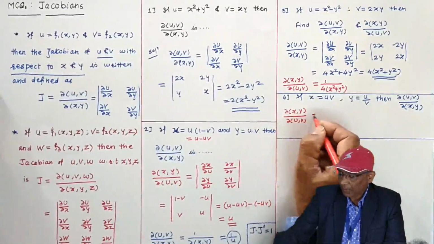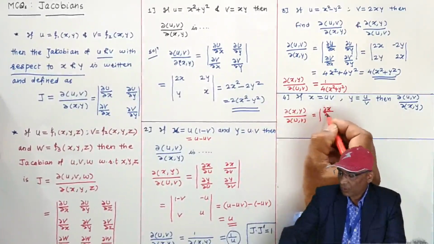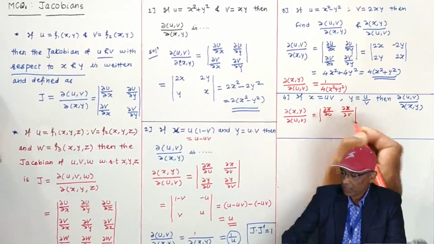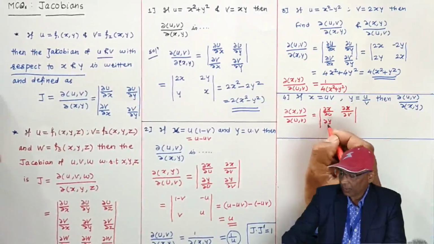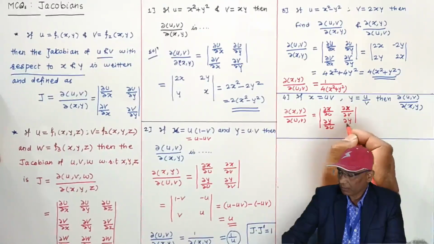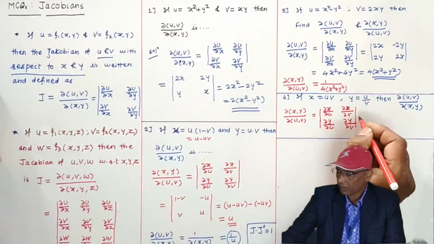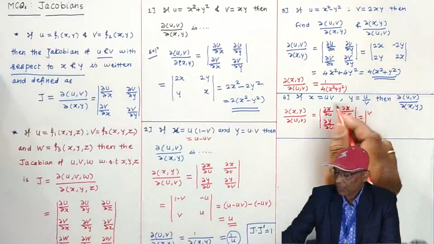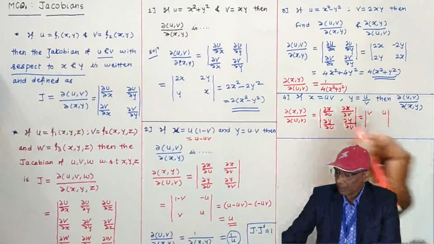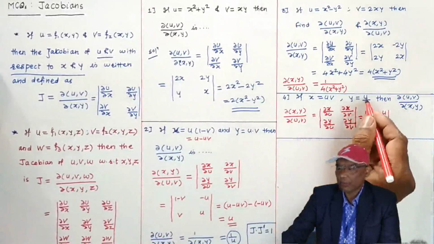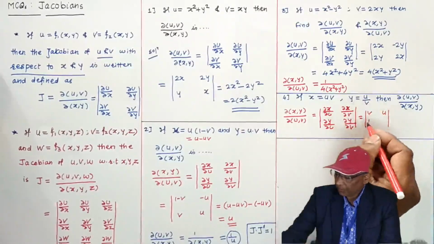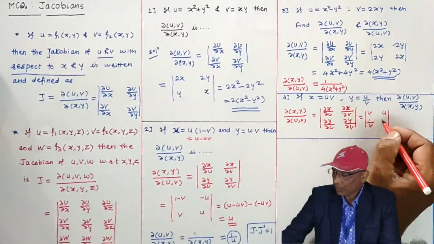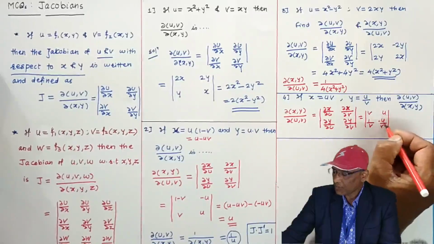By definition, first row for x, second row for y. Now del x by del u is v, del x by del v is u, then del y by del u, derivative of y with respect to u is 1 by v, and derivative of y with respect to v, keeping u constant, derivative of 1 by v is minus 1 by v square.